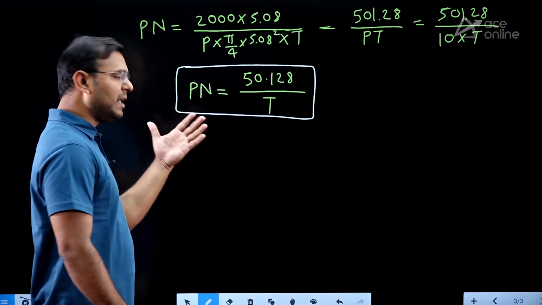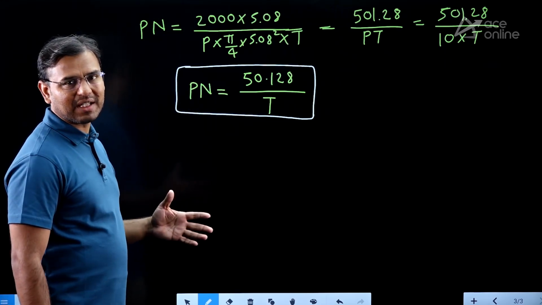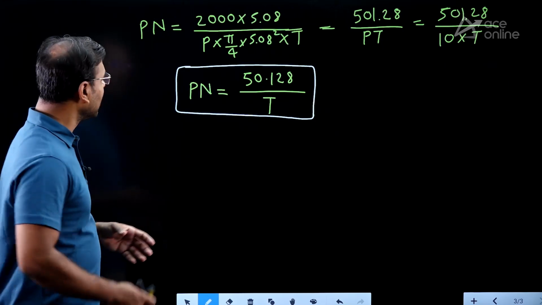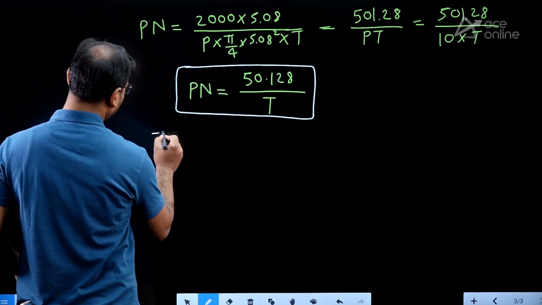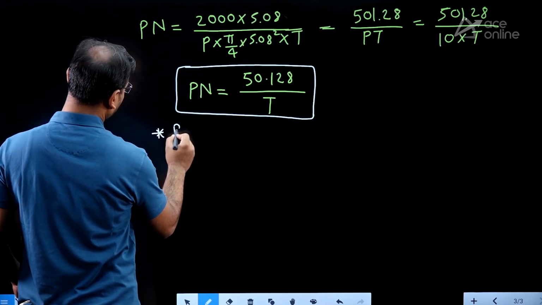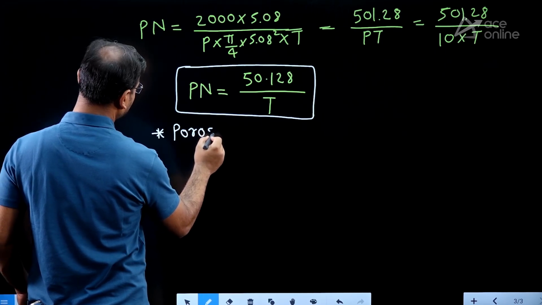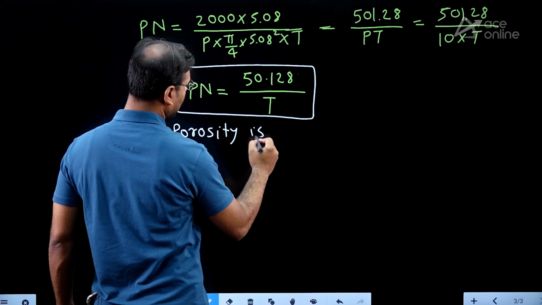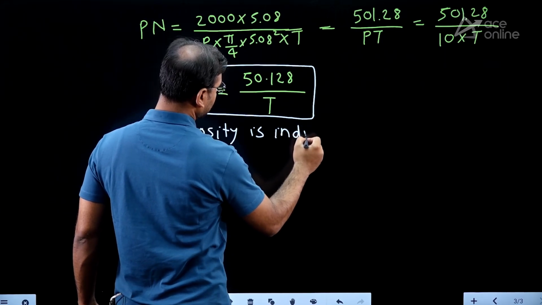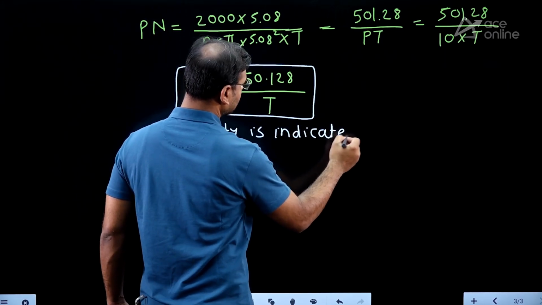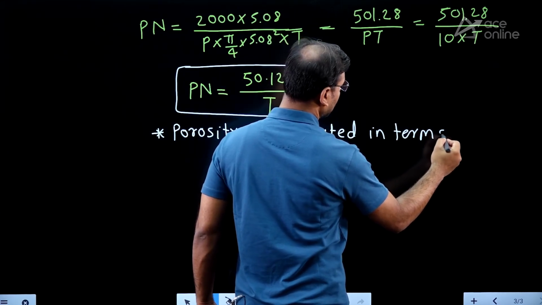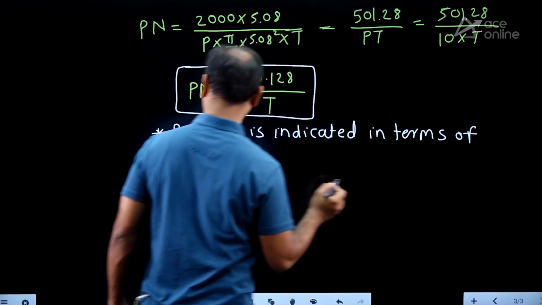And if the permeability number increases, then definitely it has good porosity, we can say that. Guys, porosity is indicated in terms of permeability number.